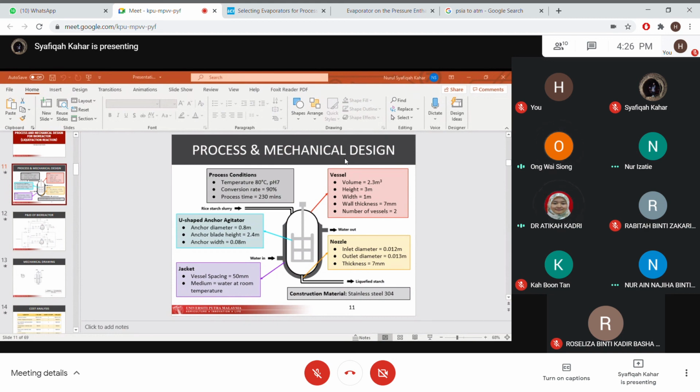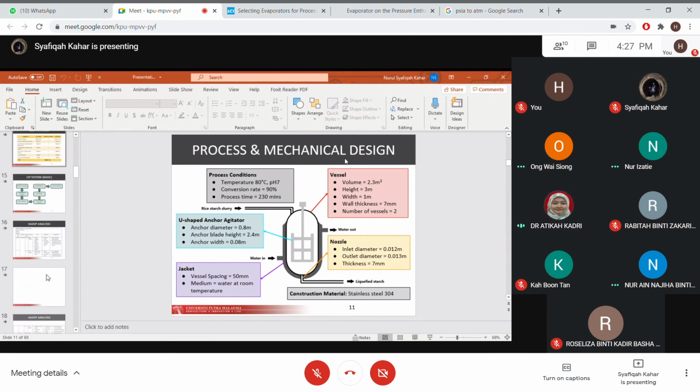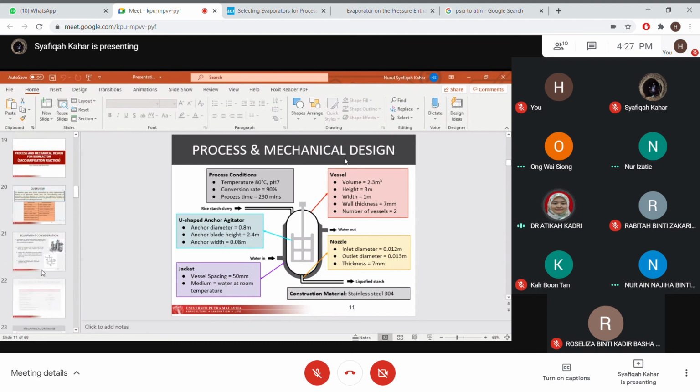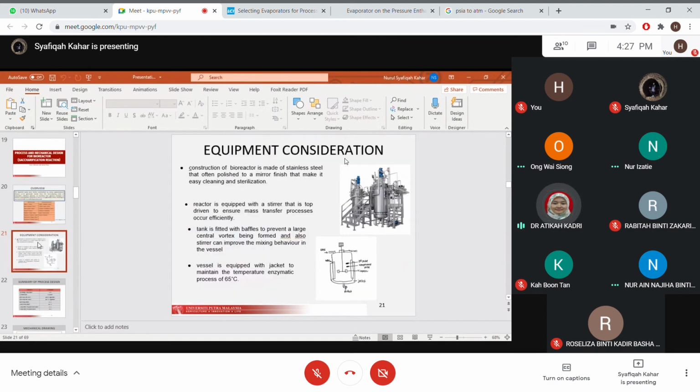Okay. All right. Next, I'd like to move to Shafika. You are also designing a bioreactor with an impeller, correct? Yes, Doctor. Now, I would like to know what kind of viscosity of fluid you have in the reactor.